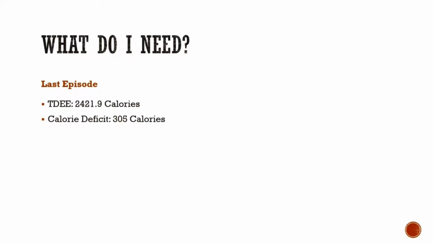Mine was 305 calories. We need a calculator. I guess I should have warned y'all on the last video about that. And let's make sure we put on our thinking caps. I know I haven't worn mine since 2nd grade.